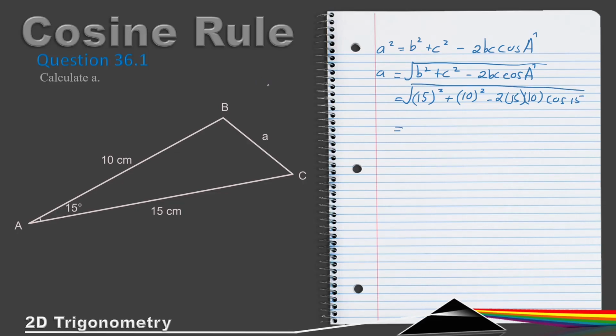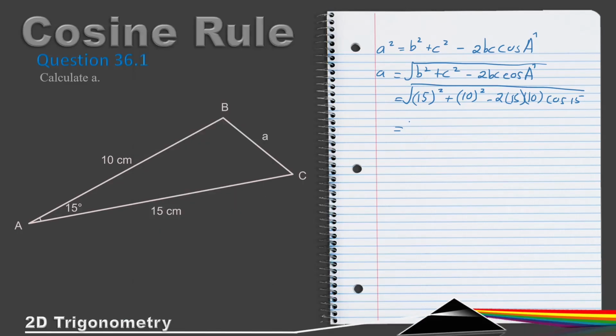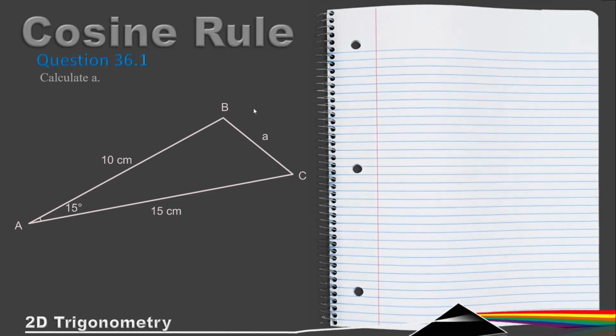Let's type that onto the calculator. Then we get 5.93. And this is in centimeters, so we're going to write centimeters because we're working with a distance.